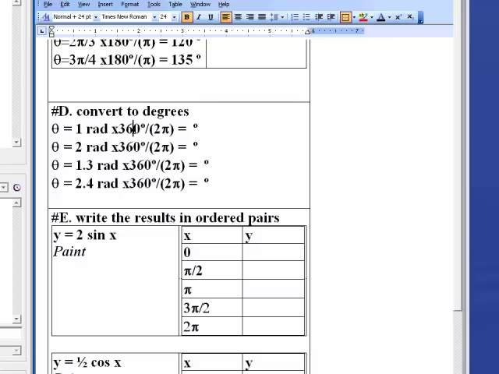As I said, both are possible, but usually trig books prefer the 180 over pi, so I'm going to do that too, rather than 360 over 2 pi. Either one is the same. Okay, let's go over to the graphing calculator and do that.